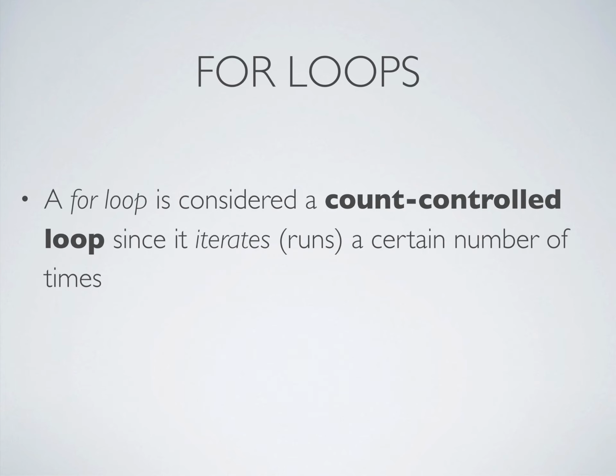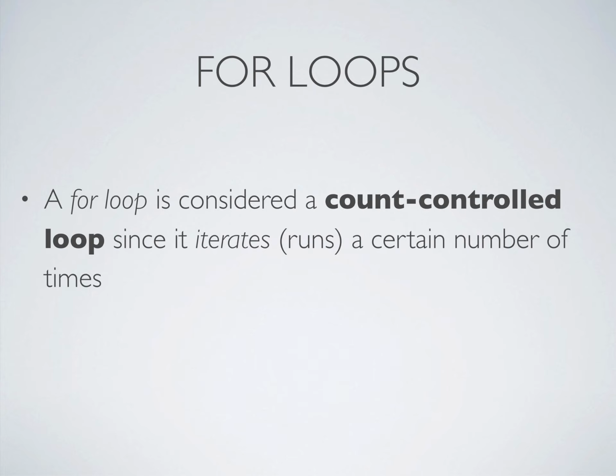So one thing that I do want to point out is that for loops are what we consider a count-controlled loop. We call them count-controlled loops because we know in advance how many times they're going to run, how many times the for loop will iterate. The word iterate basically just means run each time. So again, for example, if you have a for loop that's for num in range(5), num is going to get the value 0, 1, 2, 3, 4 each time it iterates through, which means we know beforehand it's going to run 5 times.